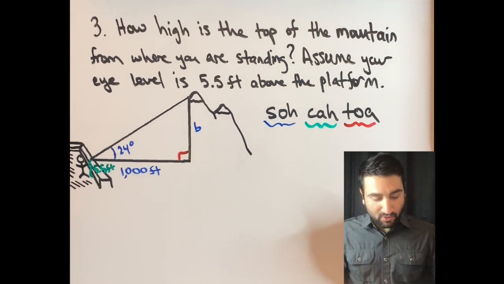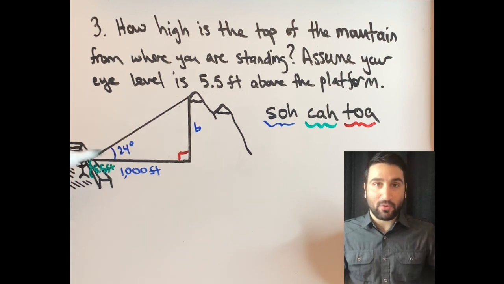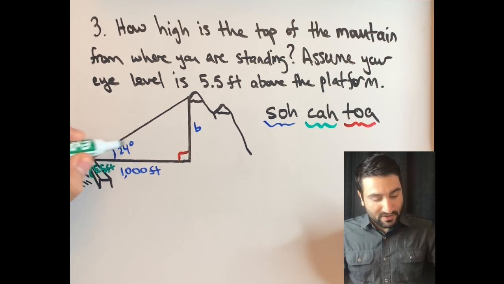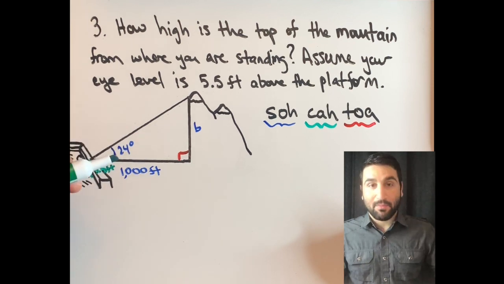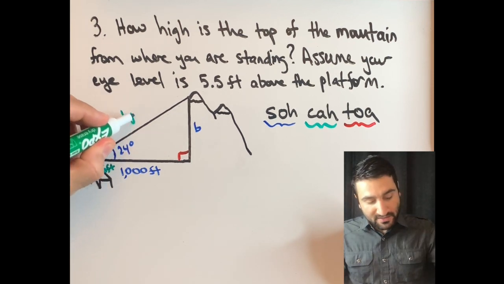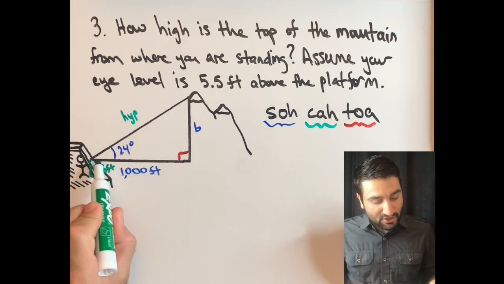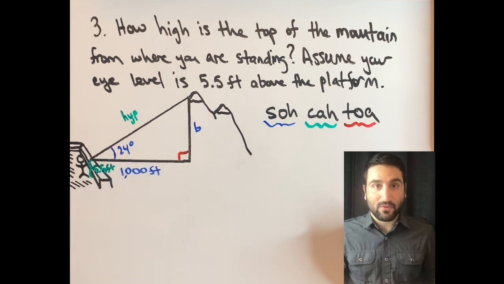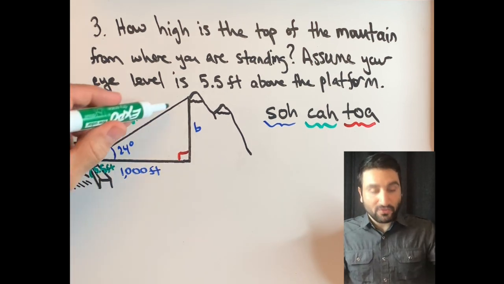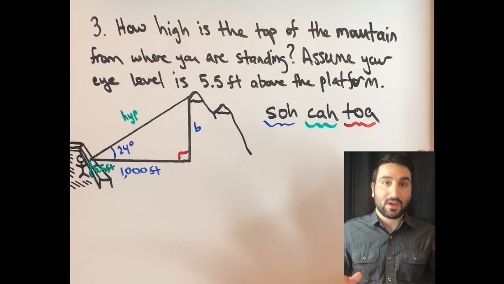In order to use this properly, let's figure out which sides are opposite, hypotenuse, and adjacent to the angle that we're analyzing. So 24 degrees is tucked in this corner. The hypotenuse is always the longest leg, or across from the 90 degrees. Adjacent is going to be the side next to the 24 degrees, even though this is also next to it, that one's taken up by the hypotenuse.